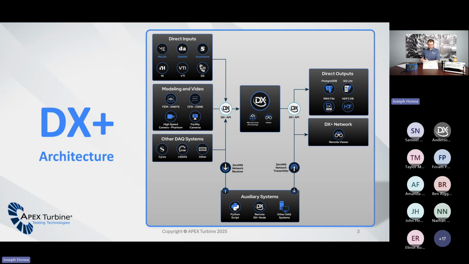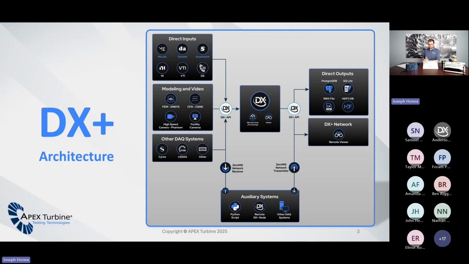We can support auxiliary systems, so the data can be both exported and imported from other systems, such as Python scripts, a remote DX Plus instance, as well as other DAC systems. We provide direct outputs to store data directly to database, supporting Postgres and SQLite.